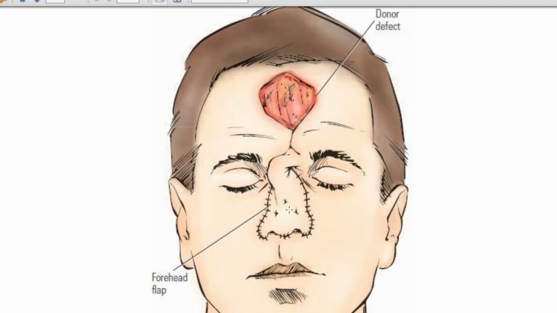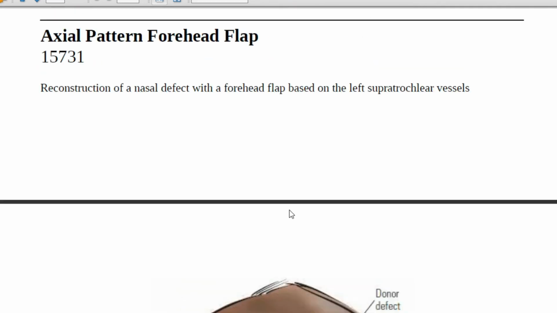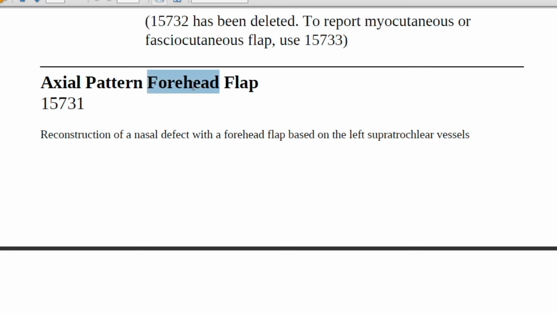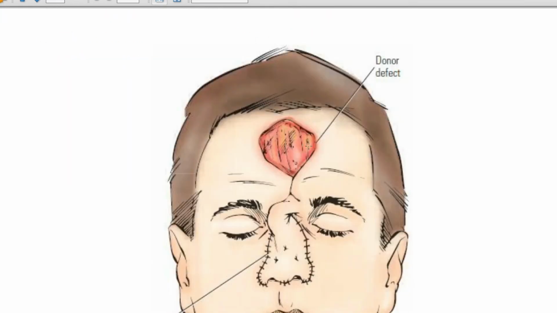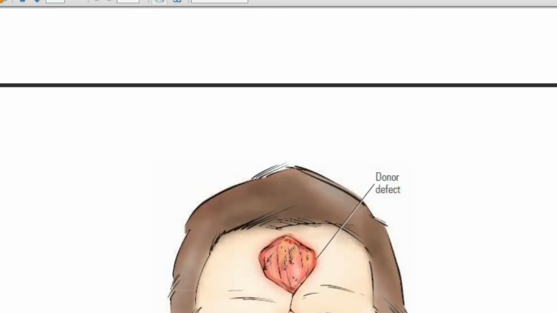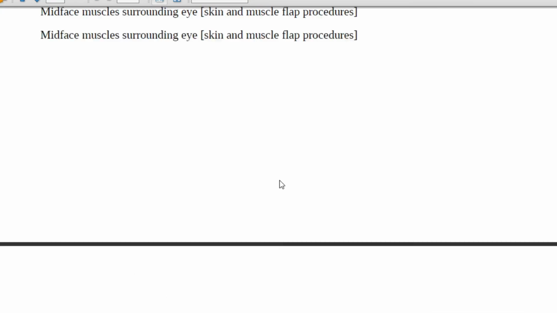Then the provider incises the healthy tissue from the forehead, rotates the flap, places it over the affected area and secures it in place with sutures, and also closes the donor area. The only keyword to assign the code 15731 is supratrochlear vessels.